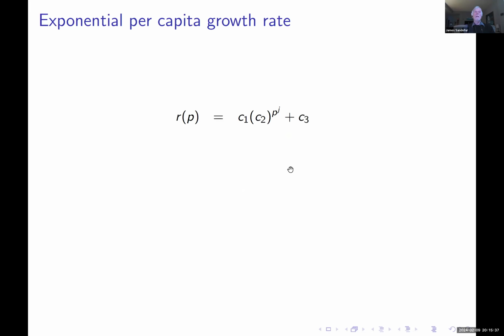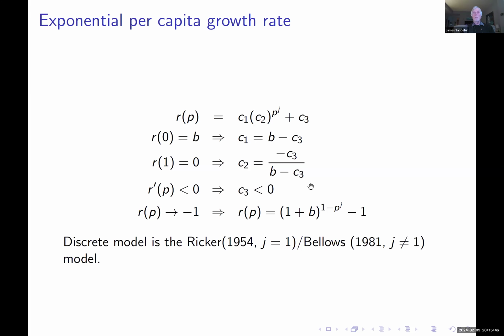Quickly, the exponential: if you want to model with an exponential per capita growth rate, you apply these same conditions again, and adding our fourth condition, the exponential has to be of this form, and that's the classic discrete Ricker model, studied in 1954 with J equal 1, and then Bellows in 81 studied it with J not equal to 1.